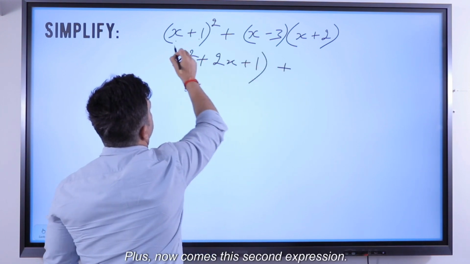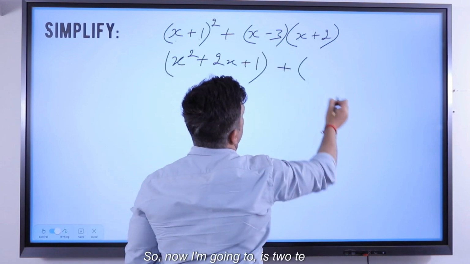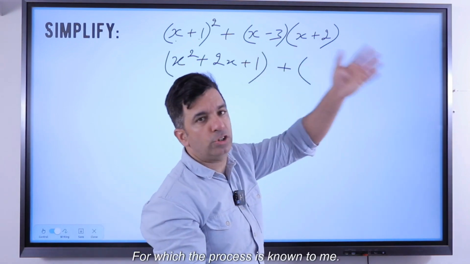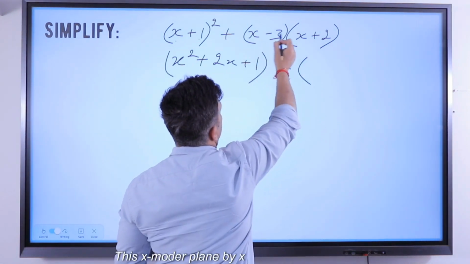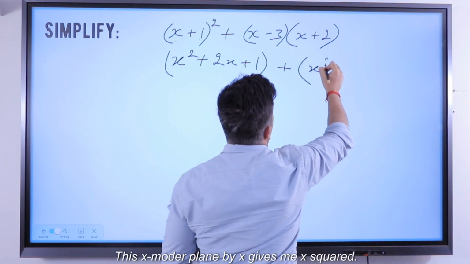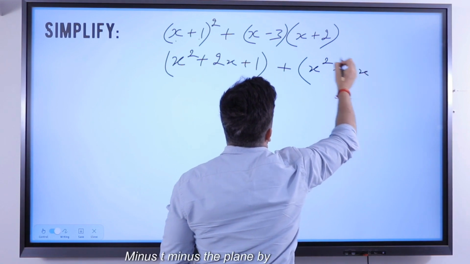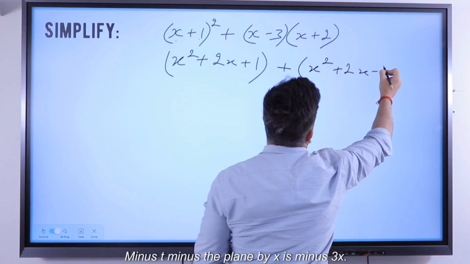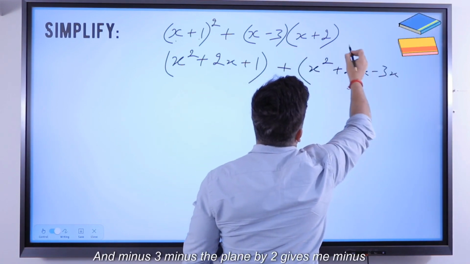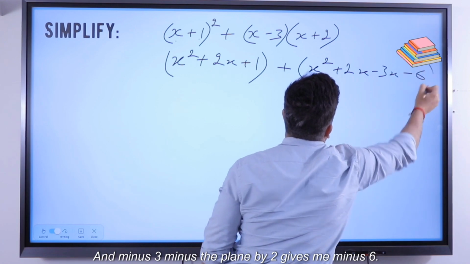Plus now comes this second expression. I'm going to multiply these two terms, for which the process is known to me. x multiplied by x gives me x square. x multiplied by 2 gives me 2x. Minus 3 multiplied by x is minus 3x. And minus 3 multiplied by 2 gives me minus 6.